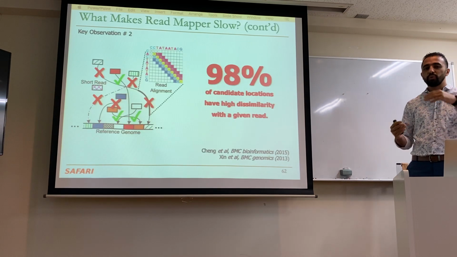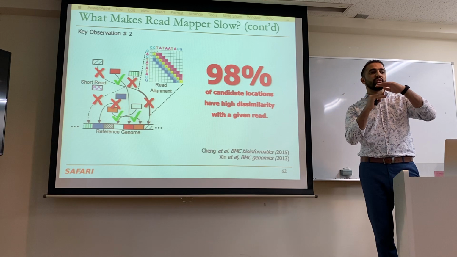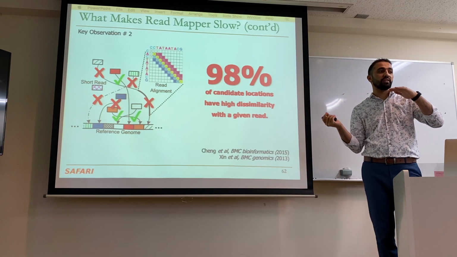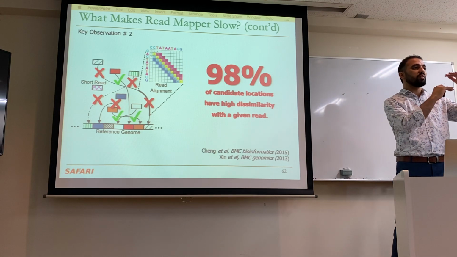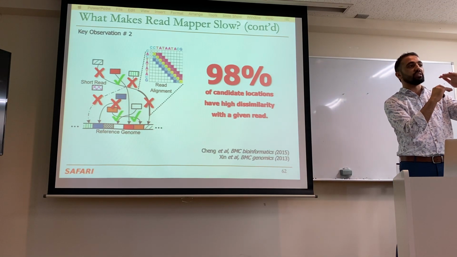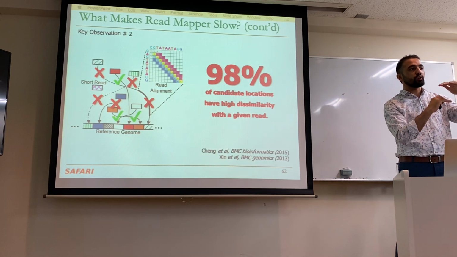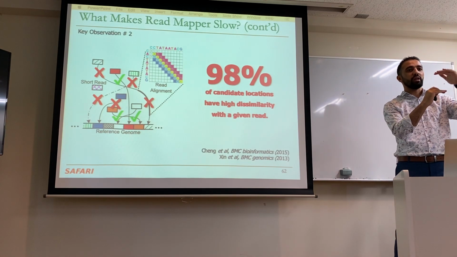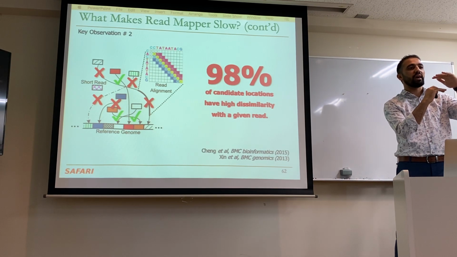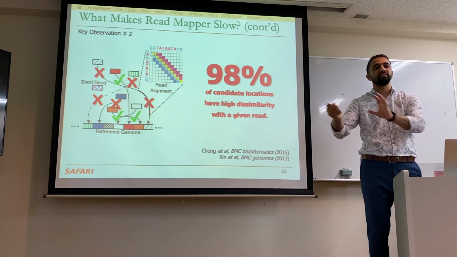And whenever we do the dynamic programming algorithm or verification between 2 strings, we find that 98% of all these locations being verified have very high dissimilarity, exceeding the threshold. So we're using the dynamic programming algorithm, but those pairs of strings that we verify are useless because they have high dissimilarity, so we simply discard them.